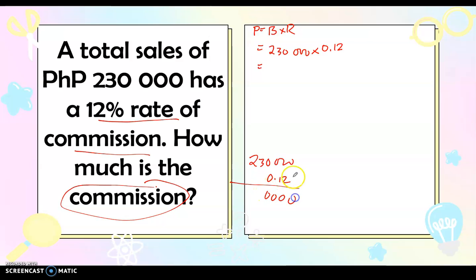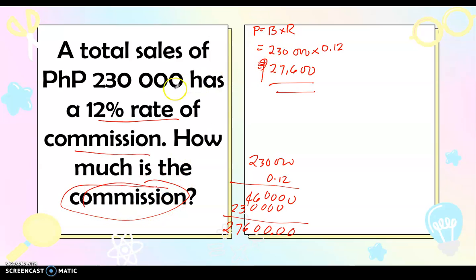Count the decimal places, 1, 2. Therefore, the amount of commission is 27,600. So again, we use 0.12 as the rate of commission because we're looking for the commission itself, and the base is the total value or the total sales.